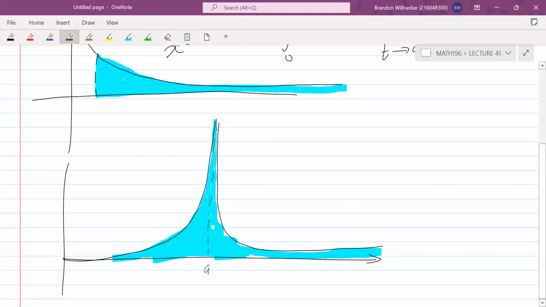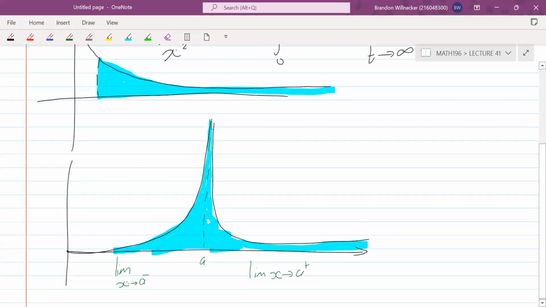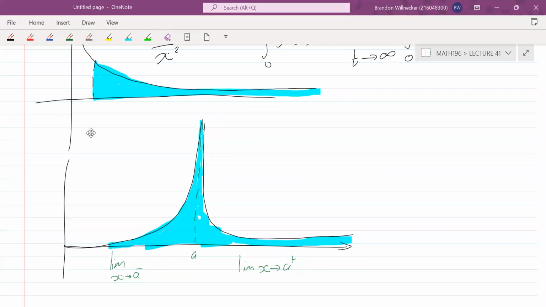So if this is a, on the left-hand side, we're going to be taking the limit as x goes to a minus, and then on the other side, we have the limit as x goes to a plus. Okay, because we can't exactly evaluate at a because of the asymptote. So if we want to find the area, we need to do some sort of limit on either side.